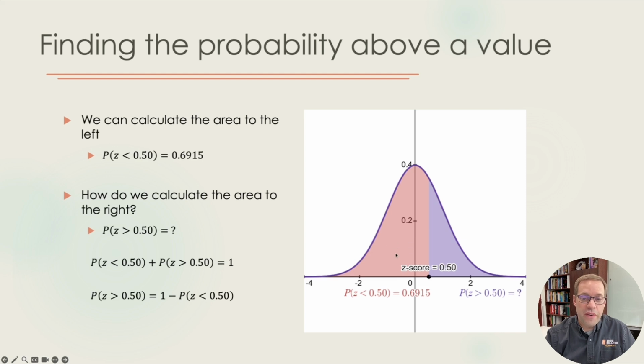So we find the probability of a z-score less than 0.5, 0.6915 is that probability, and we take its complement. We take 1 minus 0.6915, and that will give us 0.3085. That is the area of the right tail in this curve, and thus the probability of having a z-score greater than 0.5.